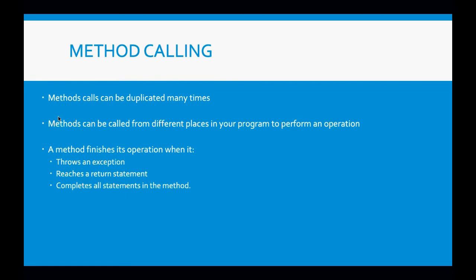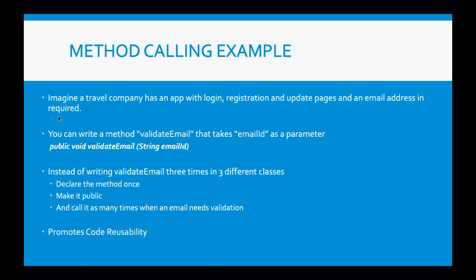A practical example: imagine a travel company has an application with a login page, a registration page, or an update profile page, and an email address is required. A method called validate email can be written that takes in the email ID as a parameter.